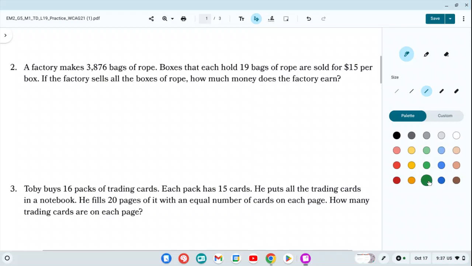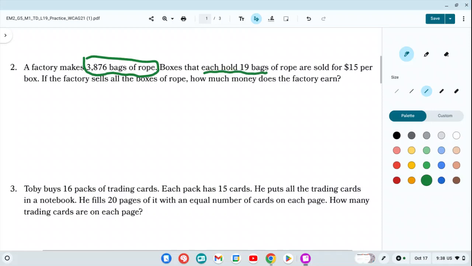All right, so what do I know? What am I looking for? I know that the factory makes 3,876 bags of rope. I also know that there are boxes that hold 19 bags.